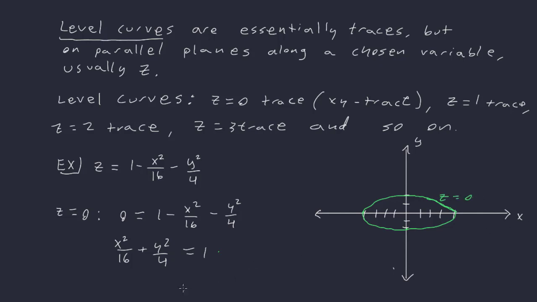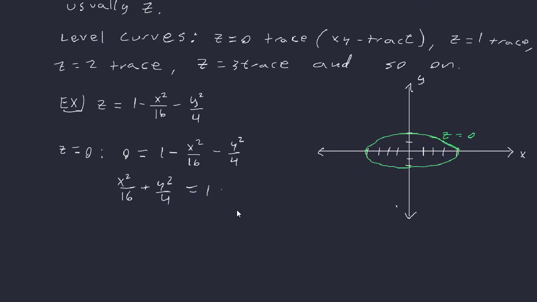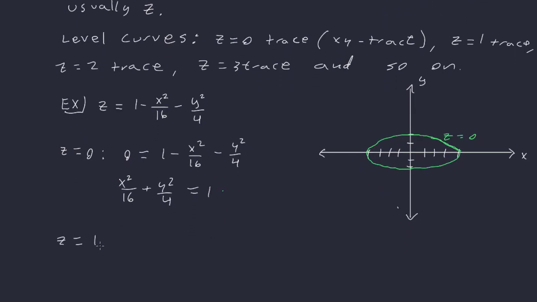Okay, now let's look at z equals 1. When z is equal to 1, we'll get the equation 1 equals 1 minus x squared over 16 minus y squared over 4. And we can kind of do what we did before, move some things around, and we'll end up with this. x squared over 16 plus y squared over 4 equals 0.